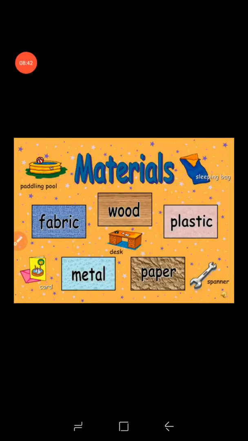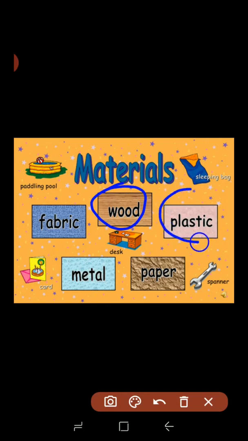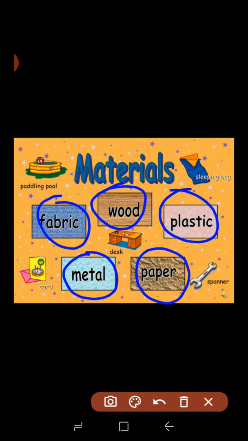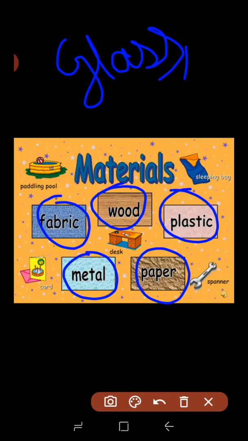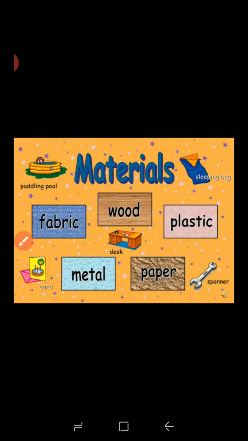That means what we have seen in the slides, we have seen lots of materials: wood, plastic, paper, metals, fabrics, and besides this we have also seen glass and ceramic. This type of materials are used to make various kinds of things.